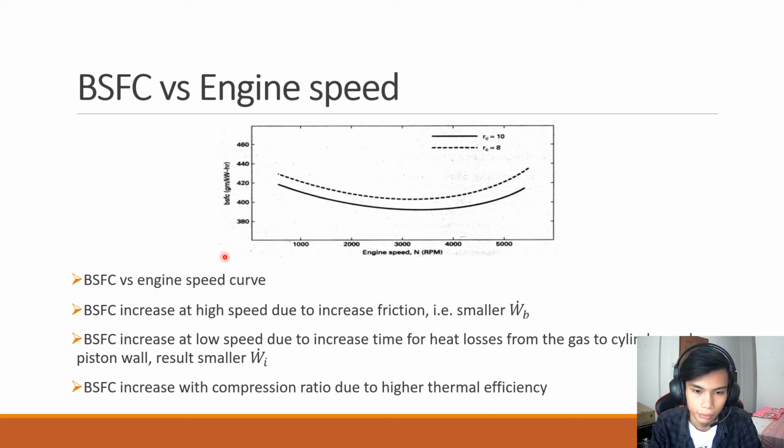What we can interpret from this diagram is that BSFC increases at high speed due to increased friction, so it will result in smaller W.B. Next, BSFC also increases at low speed due to increased time for heat losses from the gas to the cylinder wall or piston wall, thus resulting in smaller W.I. The last one is BSFC increases with compression ratio due to higher thermal efficiency.